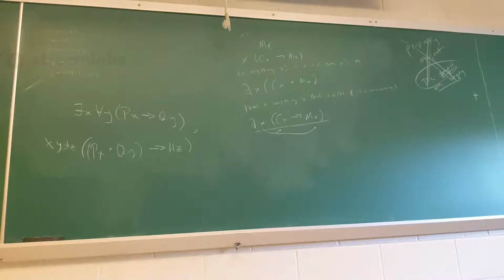This is hard. This is probably wrong. But if all x and all y, then if x is p and y is q, then there exists a z that is h.